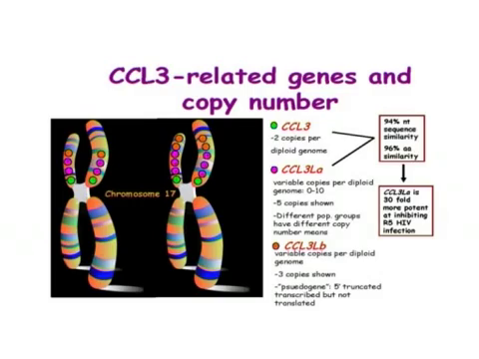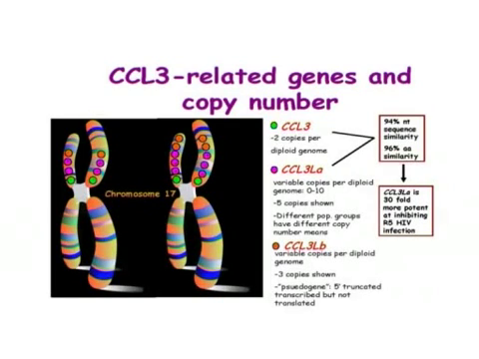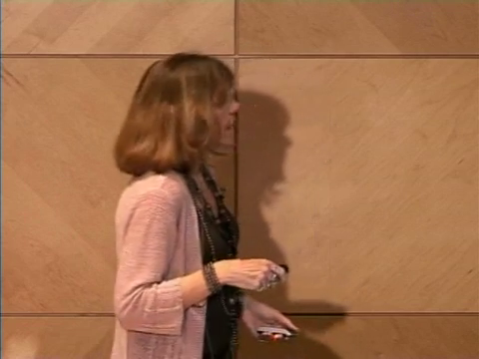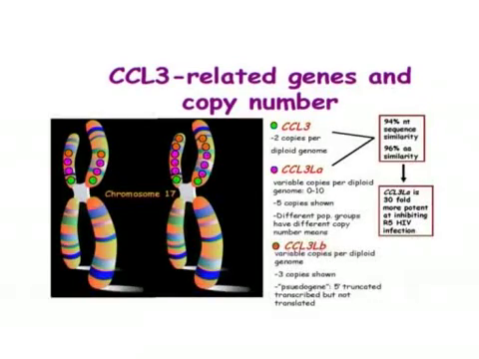So then that made us say, well, okay, what are the genes that code for this particular molecule? And we found ourselves on chromosome 17 in a very complex area of the human genome where you've got lots of different copies, and they've been segmental duplications over time. So there are 2 genes that code for the functional molecule. One's known as CCL3 and it occurs in 2 copies per diploid genome.